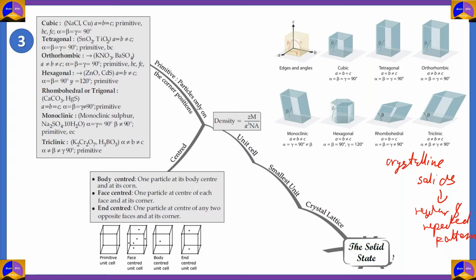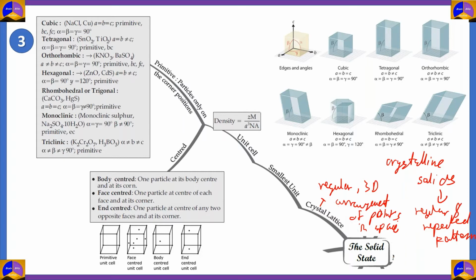So the constituent particles in a crystalline solid are arranged in regular and repeated patterns. So a crystal lattice is what makes this repeated pattern. So what is a crystal lattice? A crystal lattice is a regular 3D arrangement of points in space.